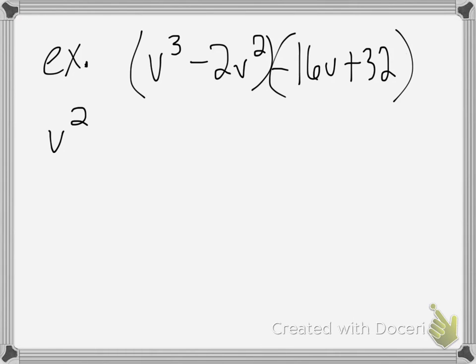The only number that goes into 1 and negative 2 is 1, so I can't pull out a number other than 1. And then they have 2 v's in common, right? So I can factor out a v squared. And now let's get what's in the parentheses. V squared times what would give me v cubed? V. V squared times what would give me negative 2v squared? Negative 2. We okay with that first group?